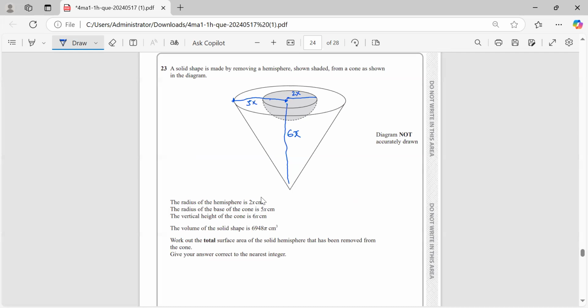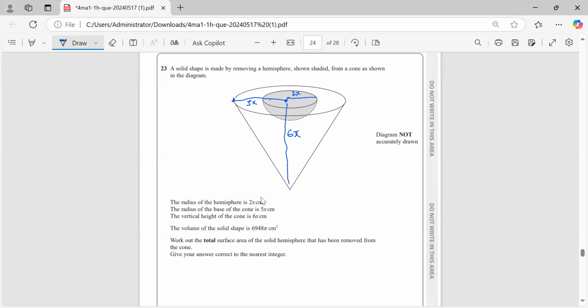Okay, so the solid shape is made by removing the hemisphere. If you remove the solid hemisphere from this cone, you're going to remain with the solid shape that they're talking about, right?